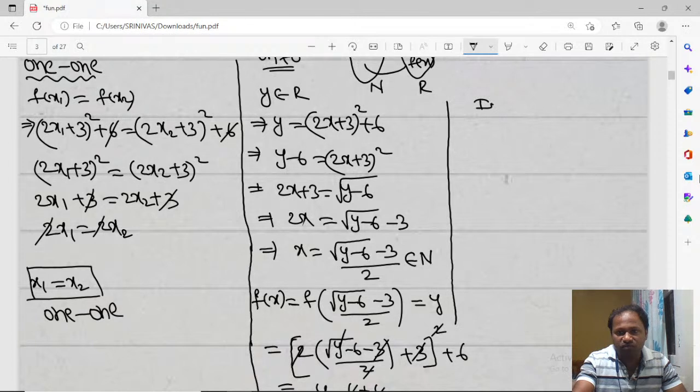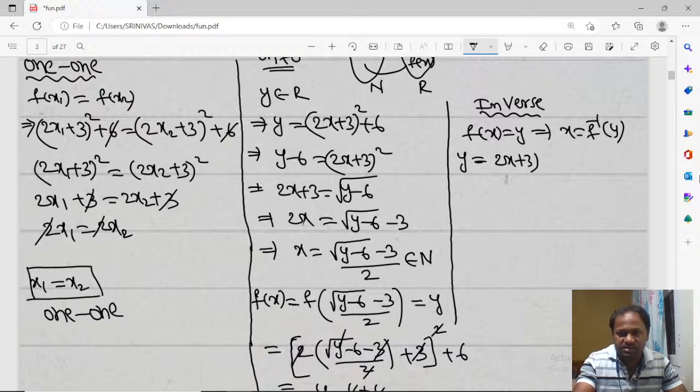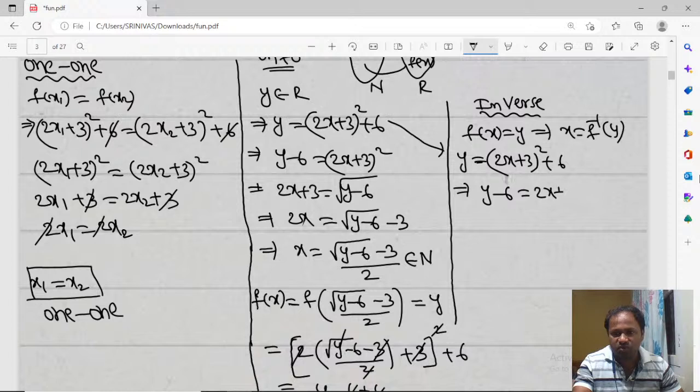Okay, so inverse, same method. Inverse, how can we do? f of x is equal to y. That implies x is equal to f inverse of y. Right. So y is equal to f of x means 2x plus 3 whole square plus 6. Same condition, so y minus 6 is equal to 2x plus 3 whole square. That implies 2x plus 3 is equal to square root of y minus 6.